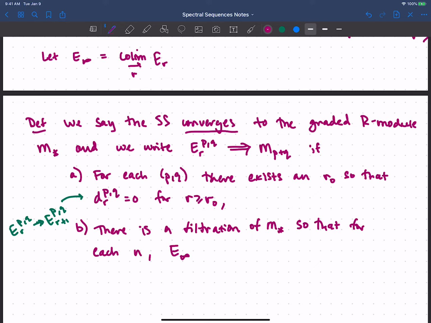we look at the E infinity page. We look at the p, n minus p spot. So, of course, that's just the colimit over r of the p, n minus p spots. And what we want is that this is isomorphic to the associated graded component.